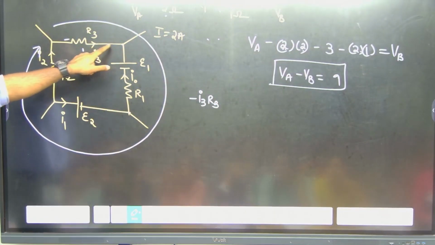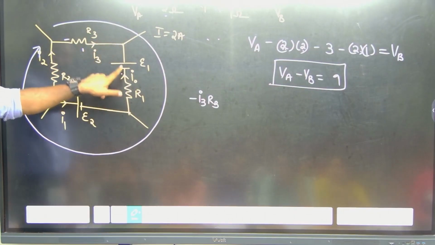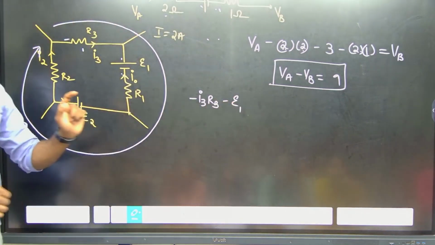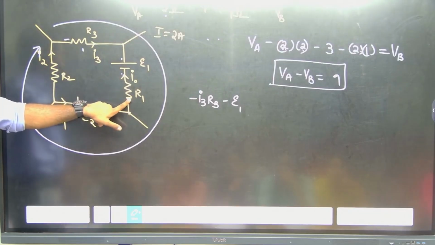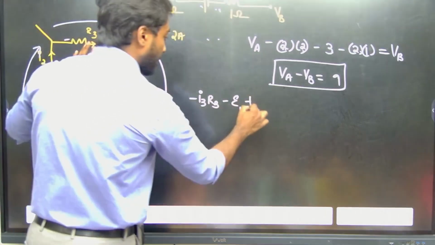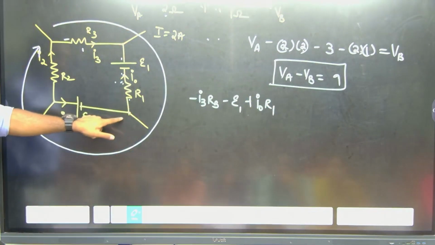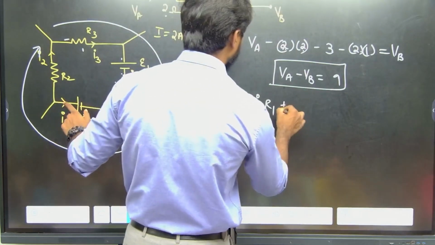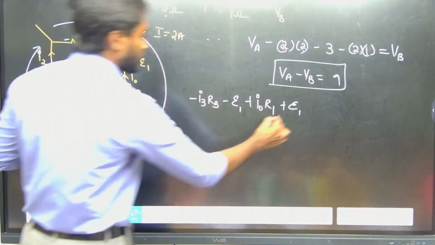Now is there anything else? I am going here, again the potential is there. So positive to negative I am going, which means minus E1, the EMF. Now again resistance I am facing here, but current direction is opposite, which means plus I1 R1. Any doubt? Again I am facing the battery, negative to positive I am going. So plus E1 plus E2.